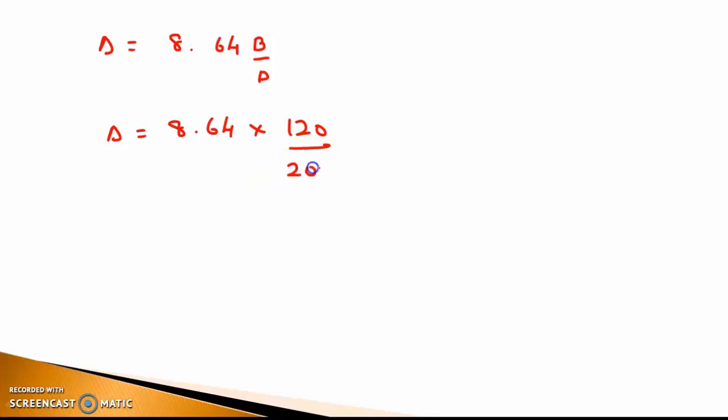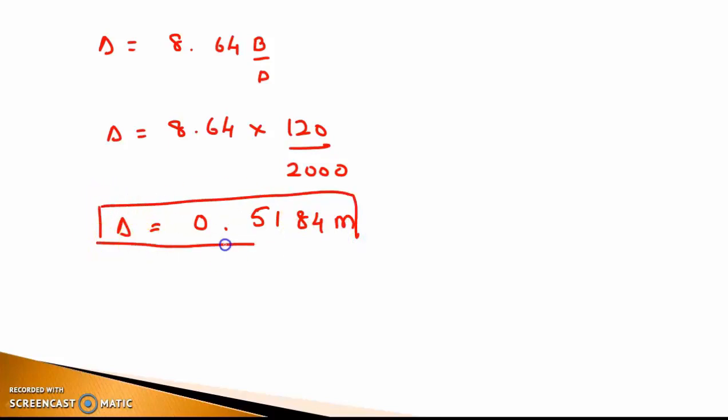So the equation is delta is equal to 8.64 B by D. Substituting the value of base period and duty, we'll get delta is equal to 8.64 into 120 divided by 2000, and finally we'll get delta is equal to 0.5184 meter. This is the answer to the first part of the question.